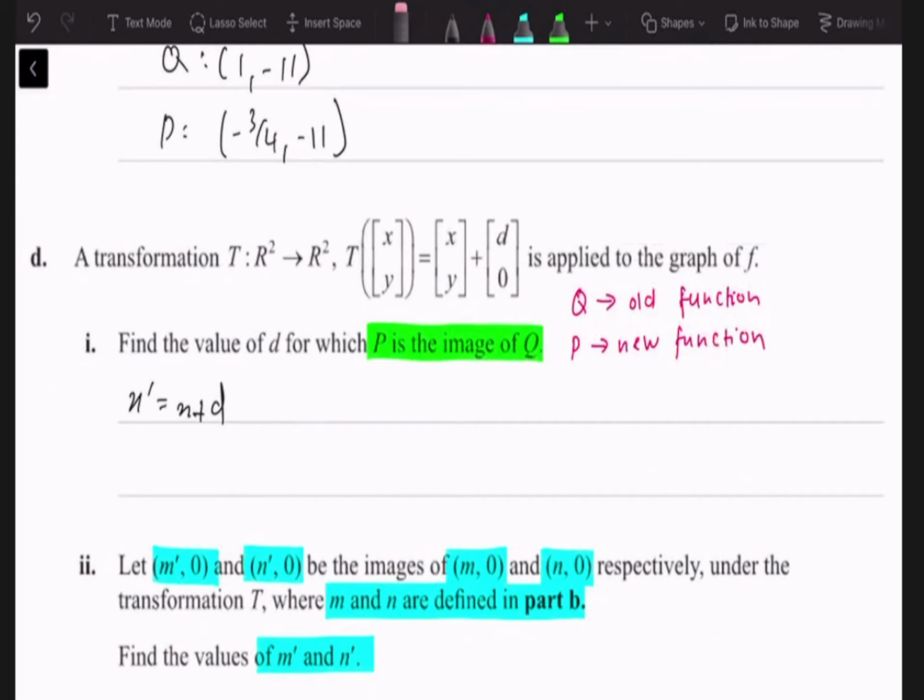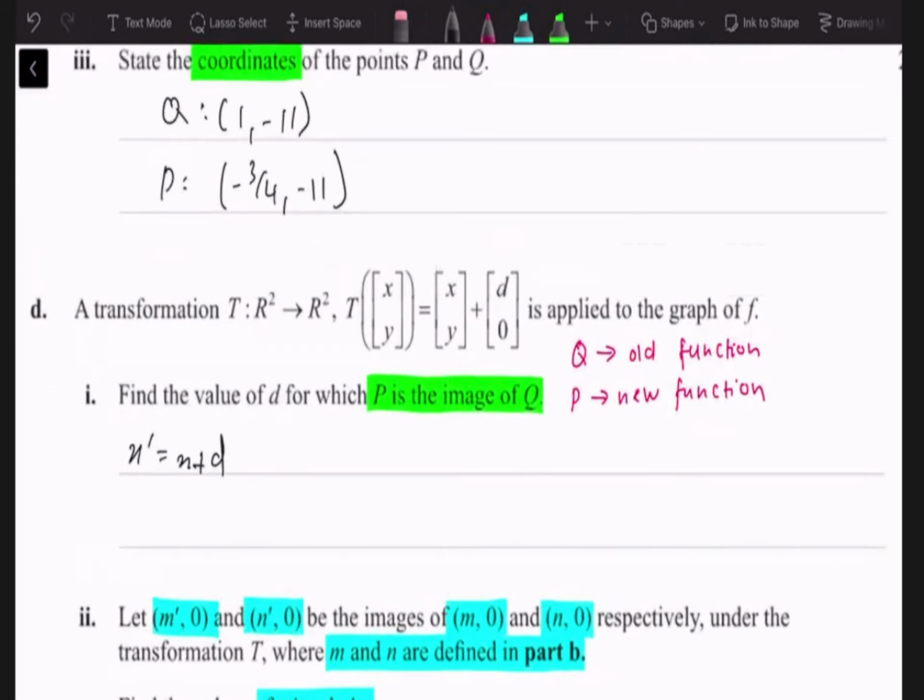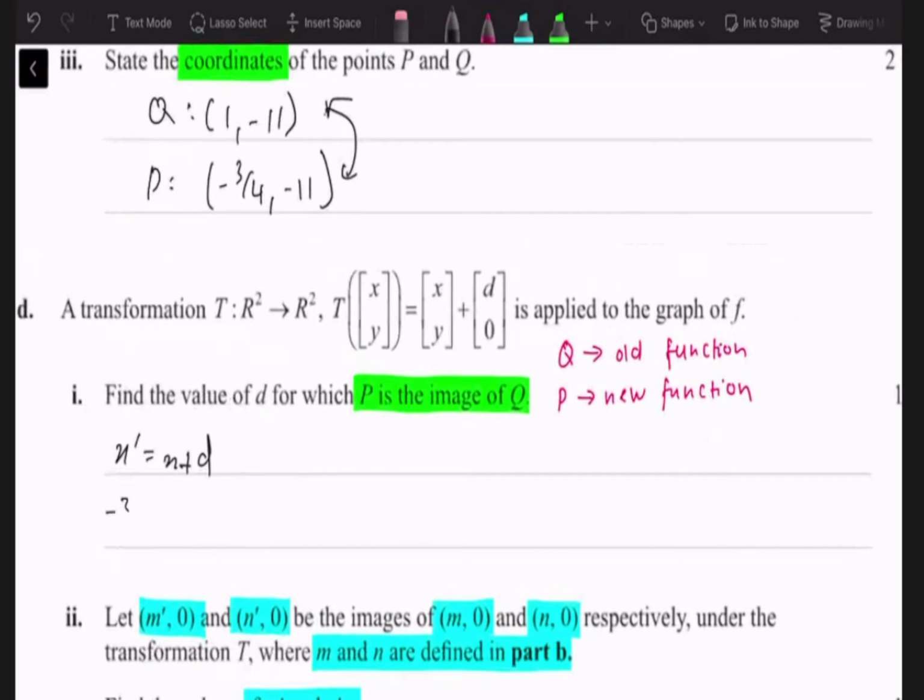You can ignore y', especially given that it makes sense because both the y values are the same. So the old x is Q, and the new x is P. So -3/4 = 1 + d. I'm getting these values from here, just the x values of the coordinates. So d is -7/4, and that's it.